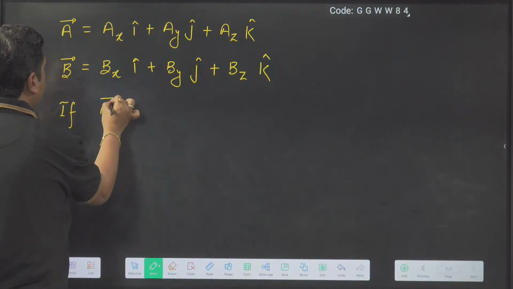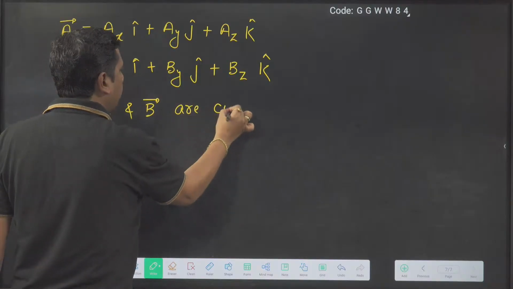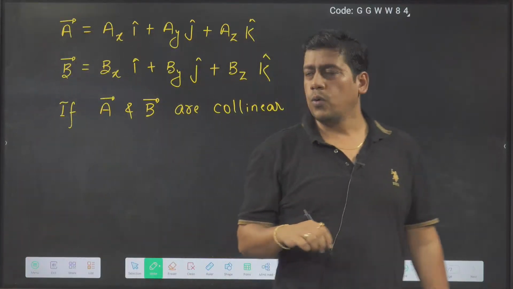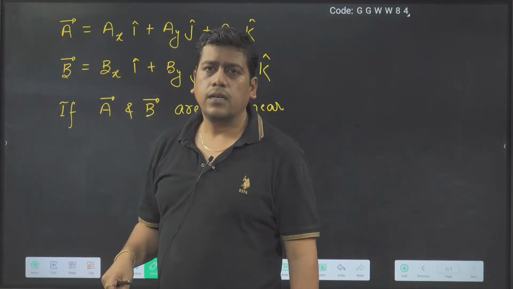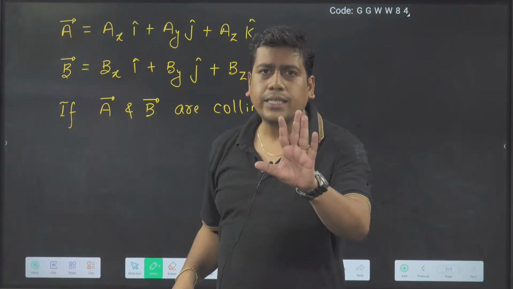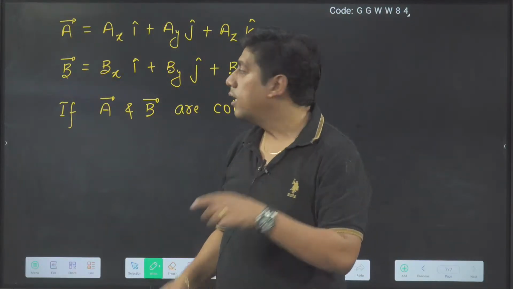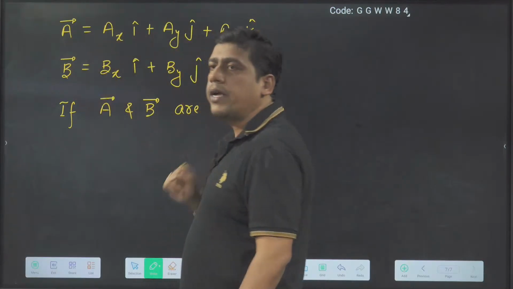Now if a vector and b vector are collinear, meaning either parallel or anti-parallel, then b vector should be some multiple of a vector. Let's say b vector is 2 times a vector. It means if you multiply 2 to the a vector, you will get b vector.